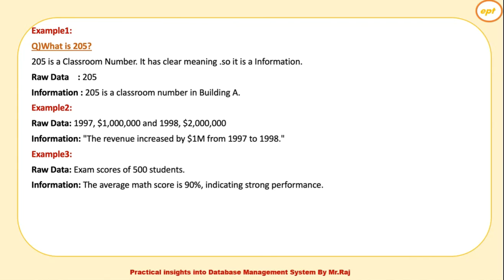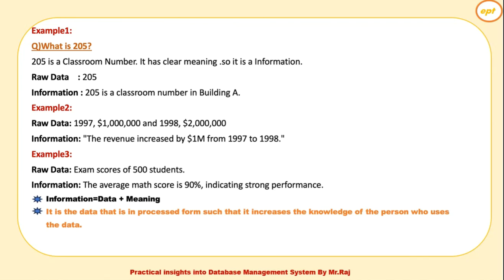Now by observing all the above points, what can you say? Tell me. Information is data with added meaning. If you add a context or a meaning to the data, then it will become information. So in this point, what is it saying? If you process the data, definitely it will increase the knowledge of the person whoever is using it.